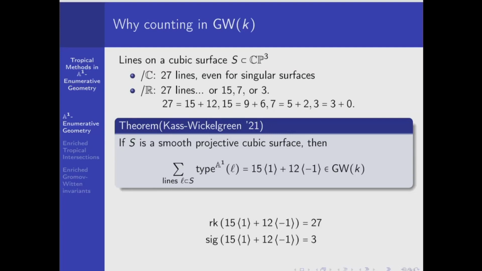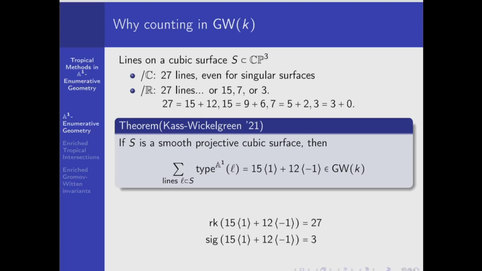So it's something that records what happens for algebraically closed fields and for real fields. So not only the real, but if I have a number field or a real field, it will have all the arithmetic information of it.